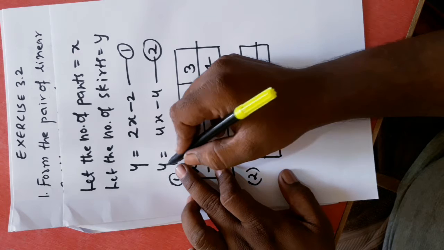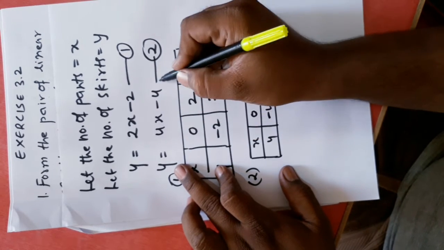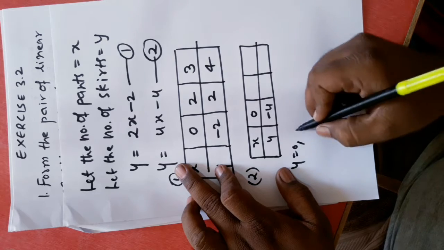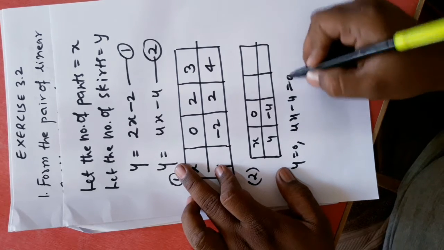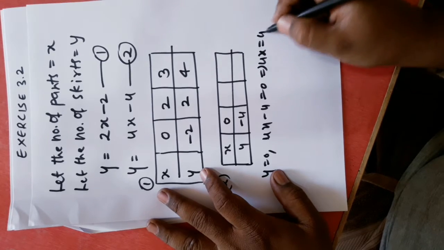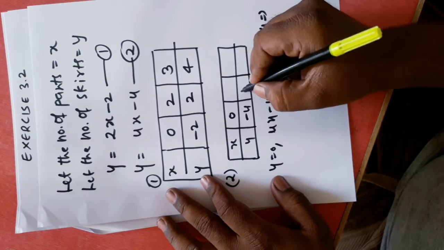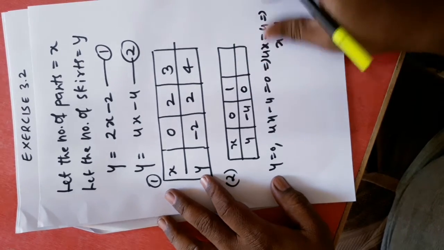If you put y is equal to 0, then 4x minus 4 will be equal to 0. That means 4x is equal to 4, which implies x is equal to 1. See, y is equal to 0, x will be 1.